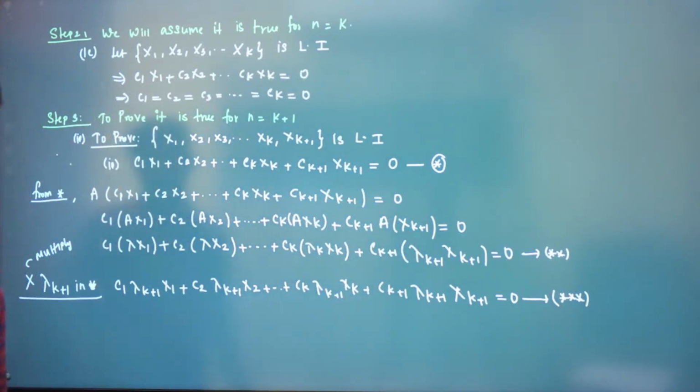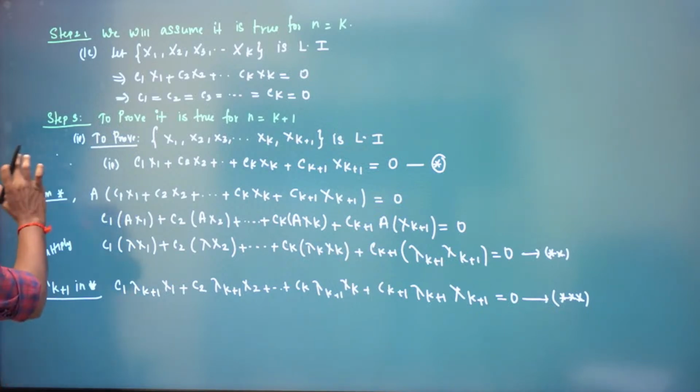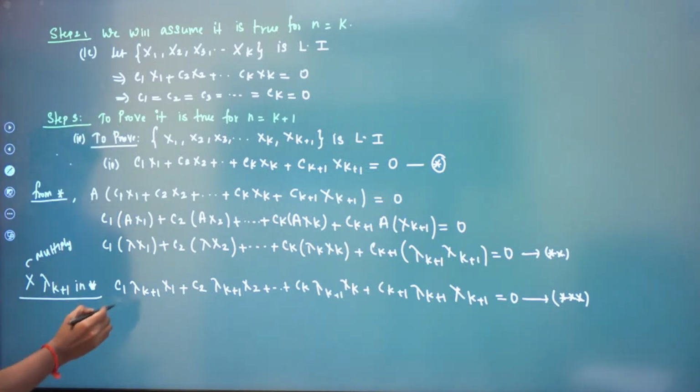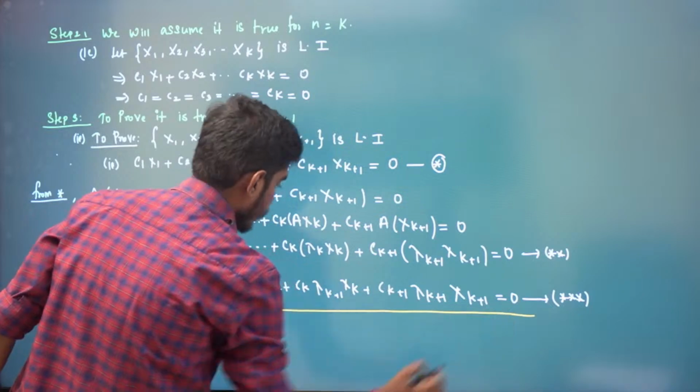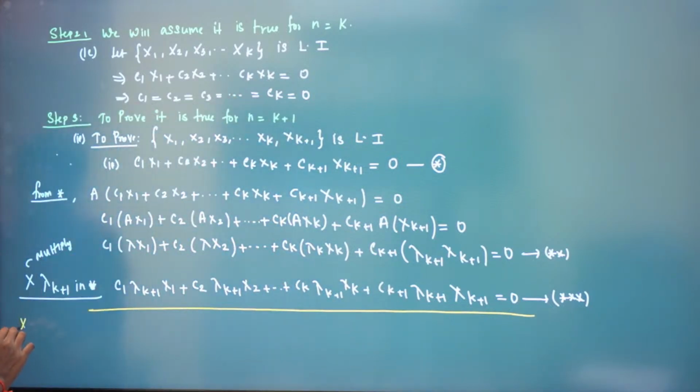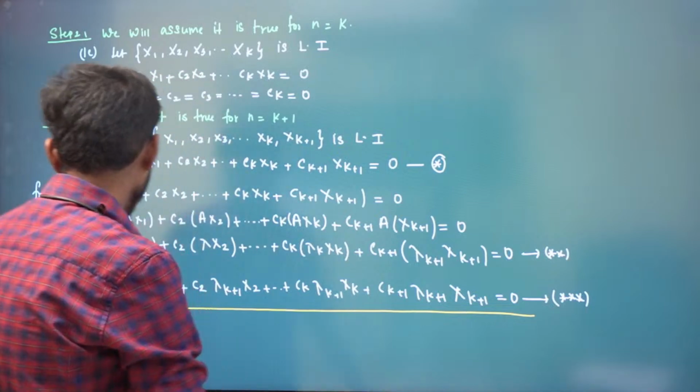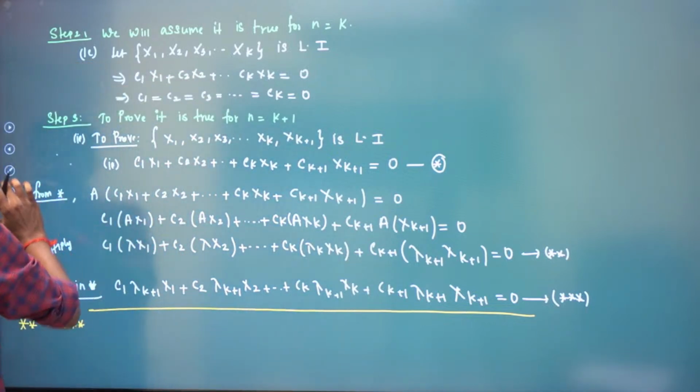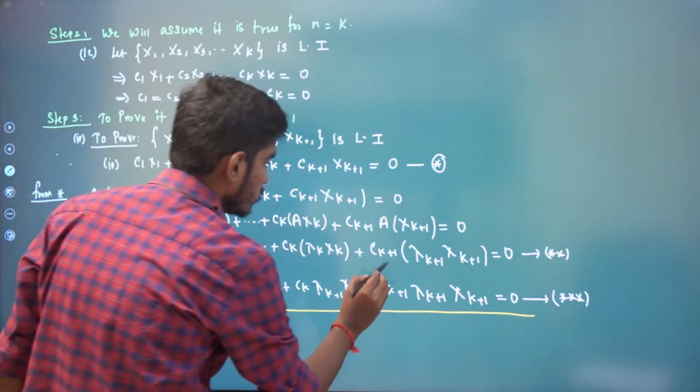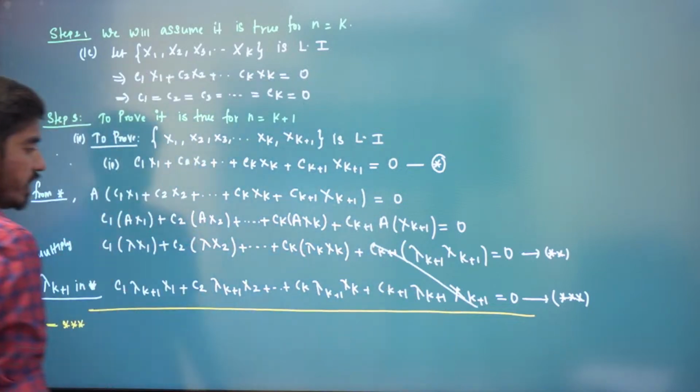Now what you do is you just subtract these two, that is, double star minus triple star. If I subtract these two, what will you have? The last terms will get cancelled, the same terms.